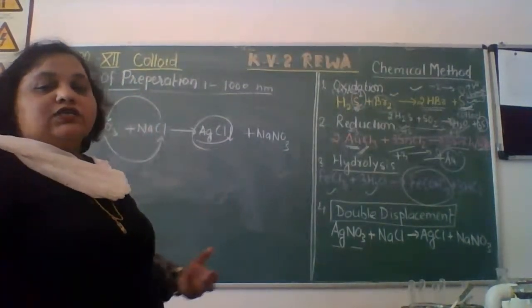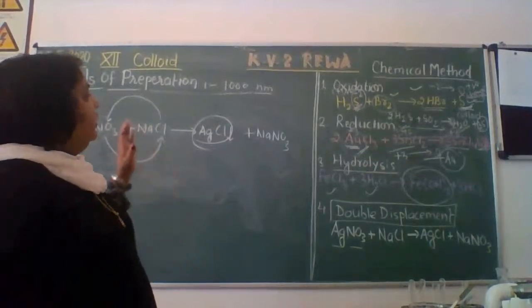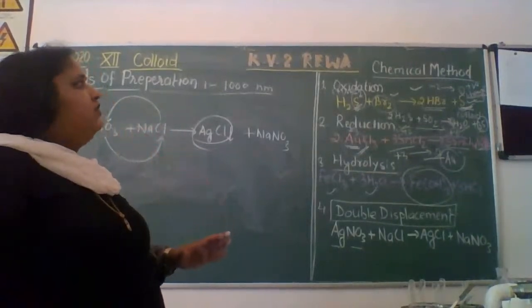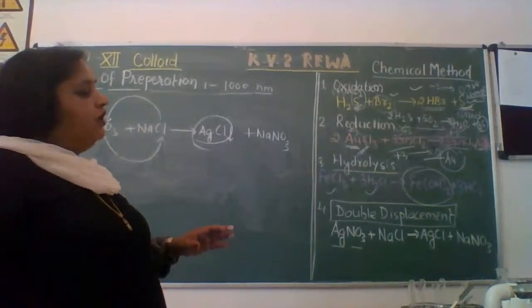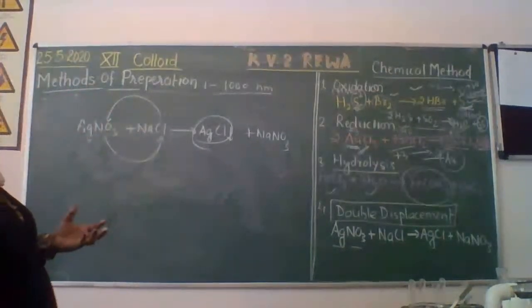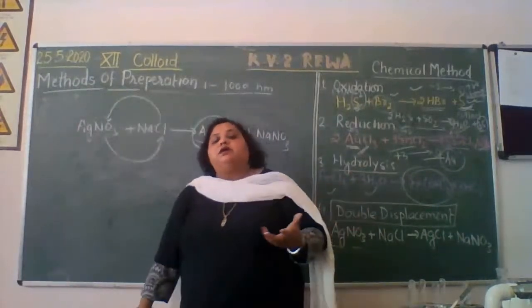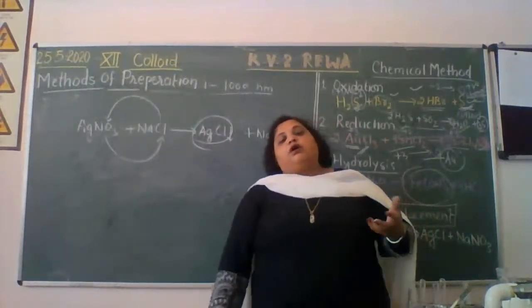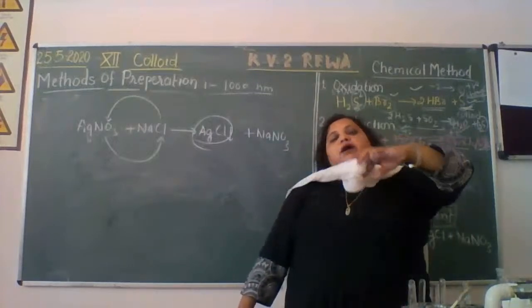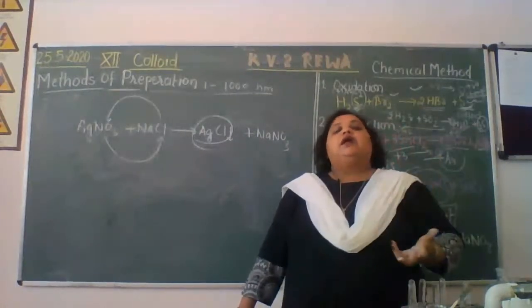So three different methods we have studied for the preparation of the colloids. One more method is the mechanical method, where the size of the particles is reduced, like grinding.